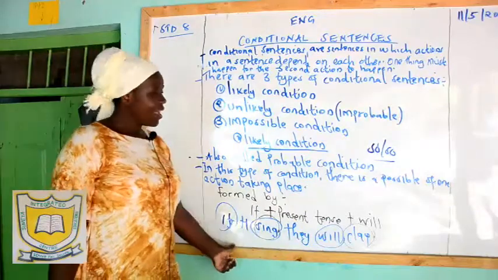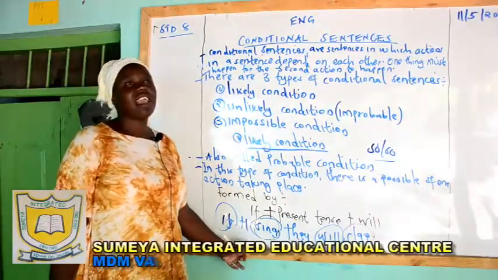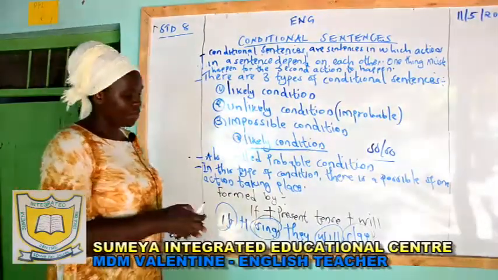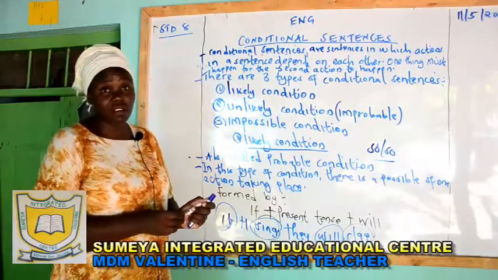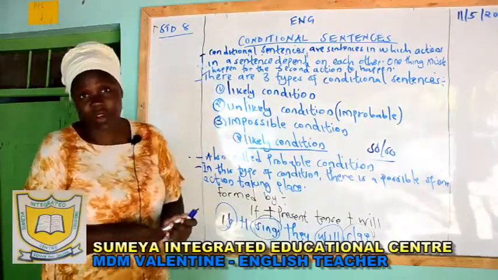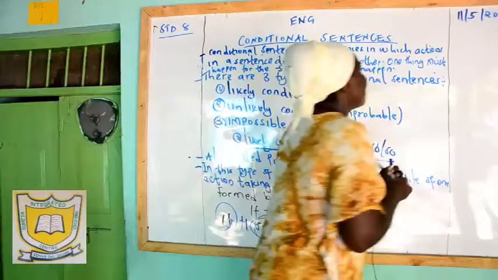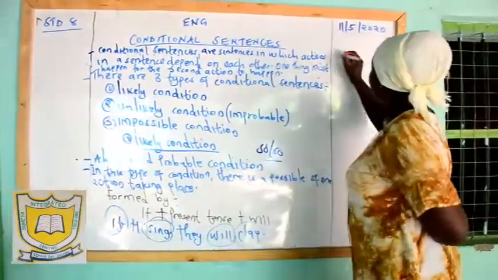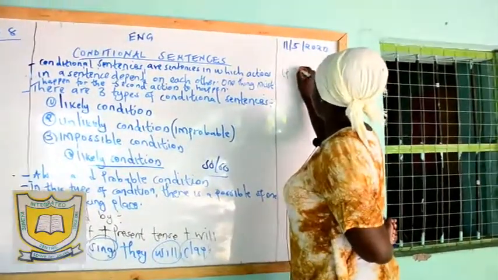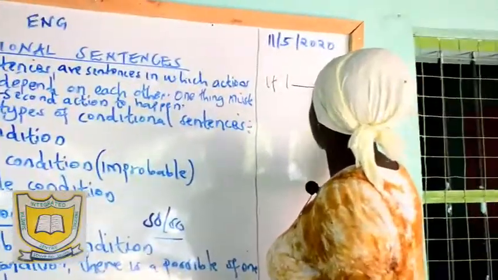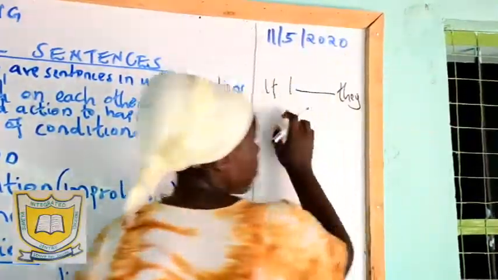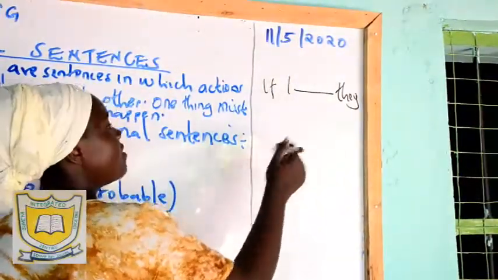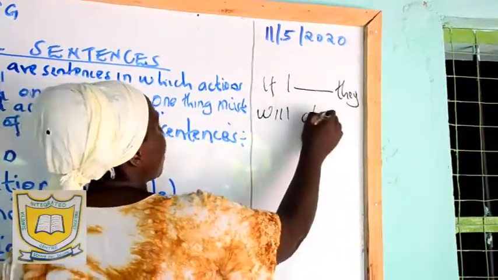Now, what happens if they bring these sentences in the exam? This is where most pupils make the mistake. What are you going to base on to come up with the correct answer? Let's say you have the question, if I dash, they will clap.